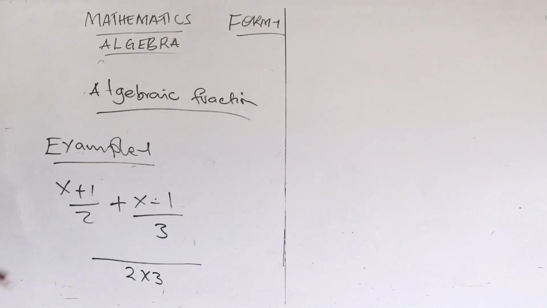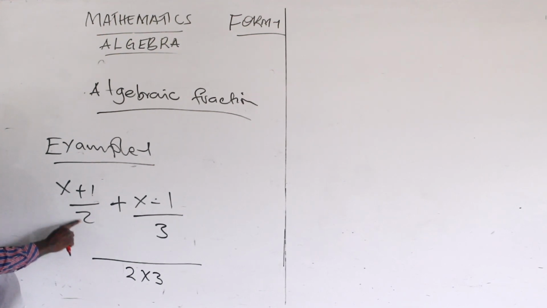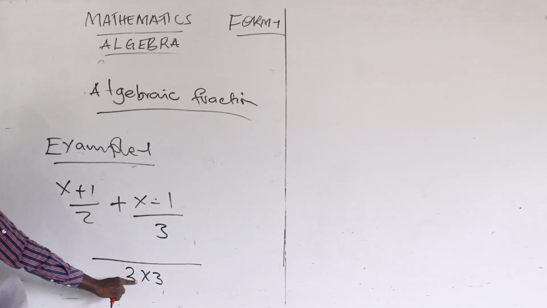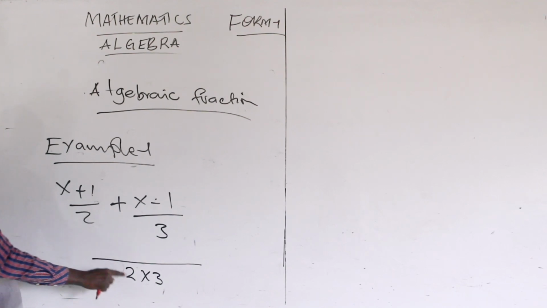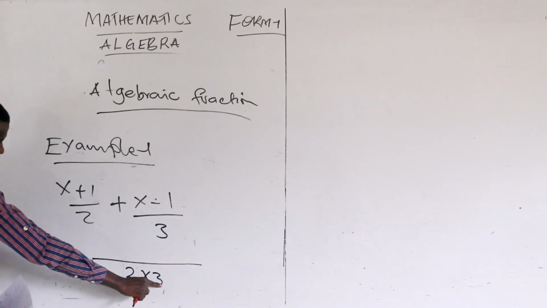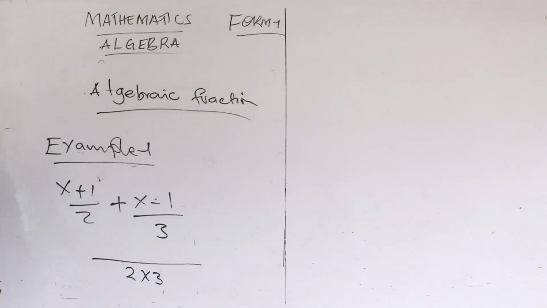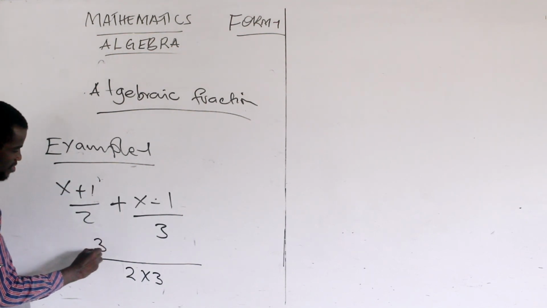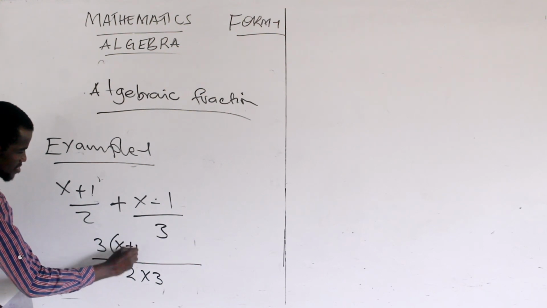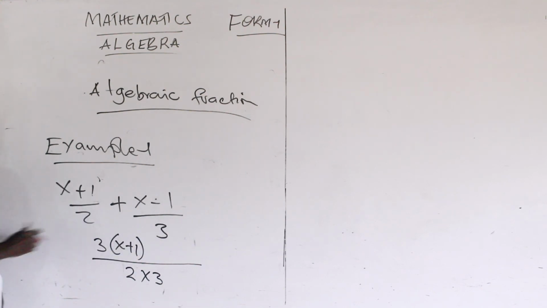So let us continue. 2 will cancel with 2. You will be left with 3. Then this 3 multiplies everything in the numerator. It means therefore I will have 3 into x plus 1.